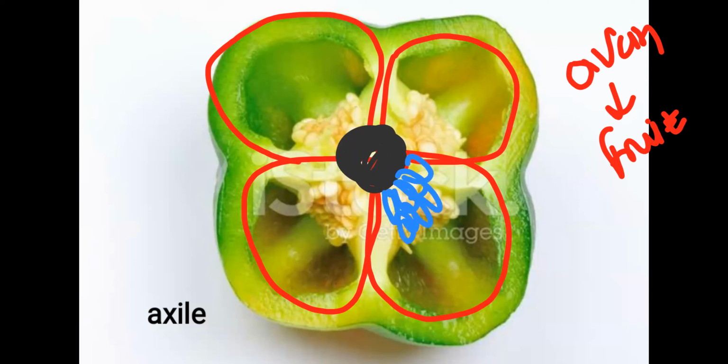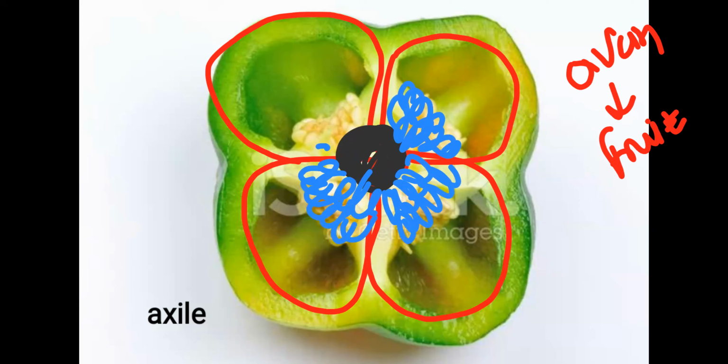You know that at the center you find a bunch of seeds, in the case of tomato and capsicum. Same bunch. So these are the ovules. Before fertilization, such a structure: ovary, placenta and seeds, or the ovules.